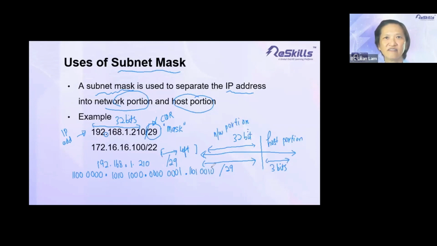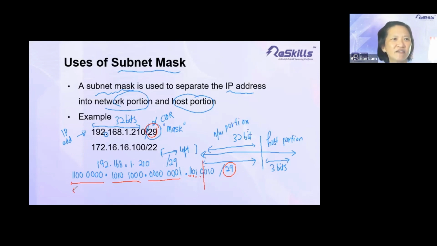Okay, and then it says slash 29, so 29 bits from the left. So this is 8, 16, 24, 25, 26, 27, 28, 29.